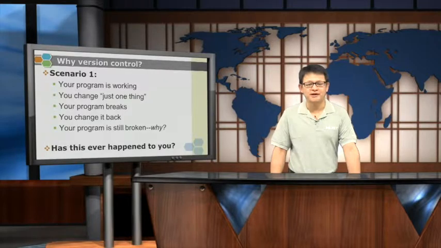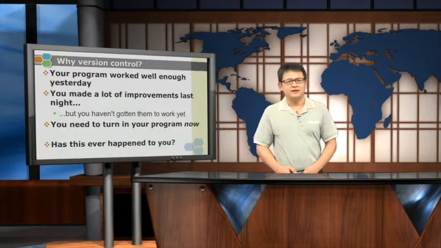You want to change it back to the moment that it was still working, but your program is still broken, and you don't know why, because you don't remember what you changed and what broke your program. And I think this has already happened to you, to developers, several times.